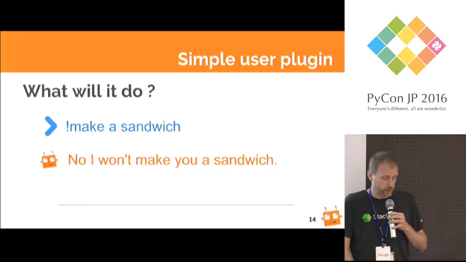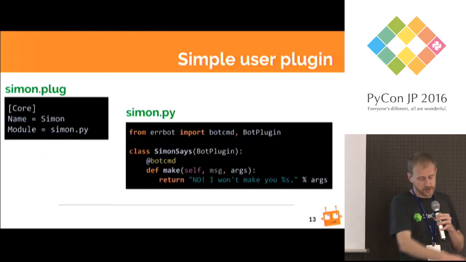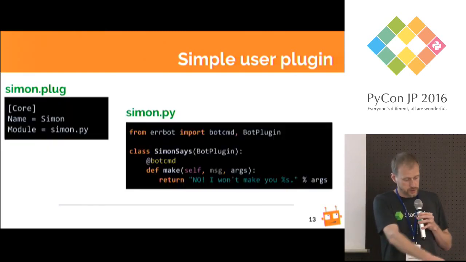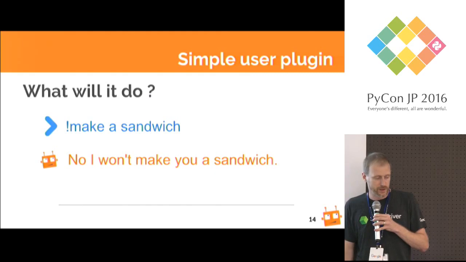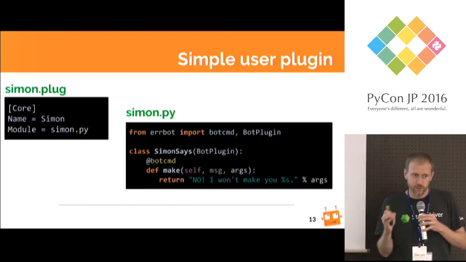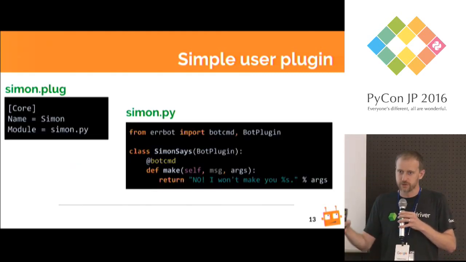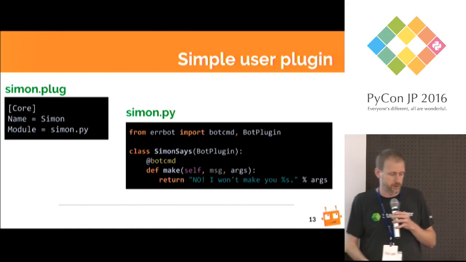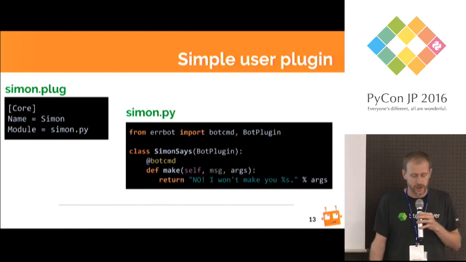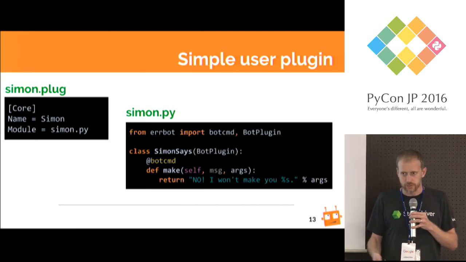So if you talk to the bot now and say make a sandwich, it will insert a sandwich into the string and respond that to you in the chat. So to start with, it's one of the simplest things you can imagine, right? You just write Python, and that's going to be your commands that you can map to your chat room.